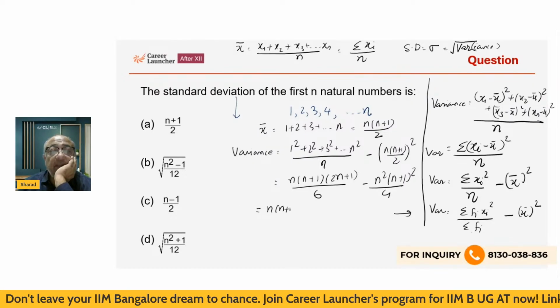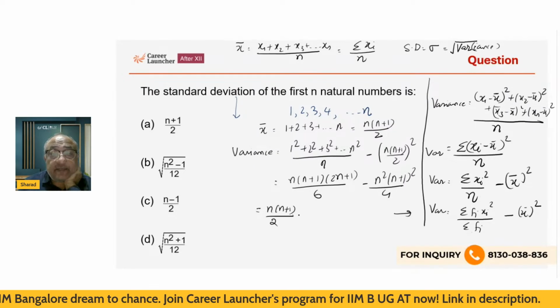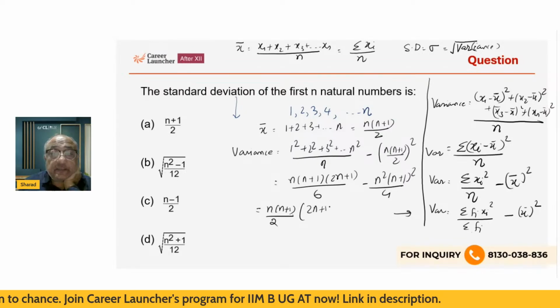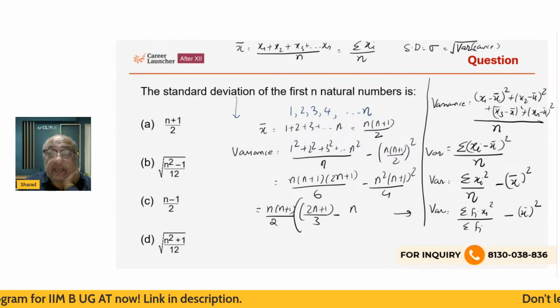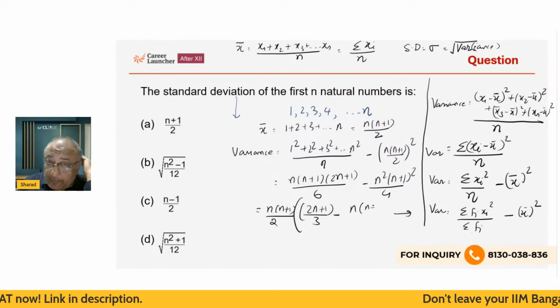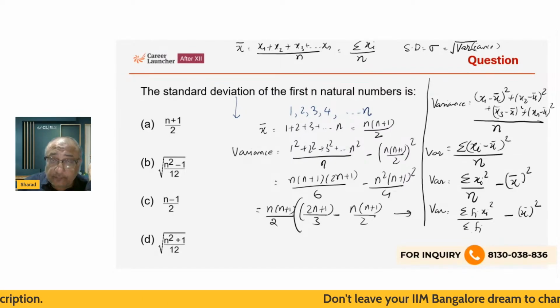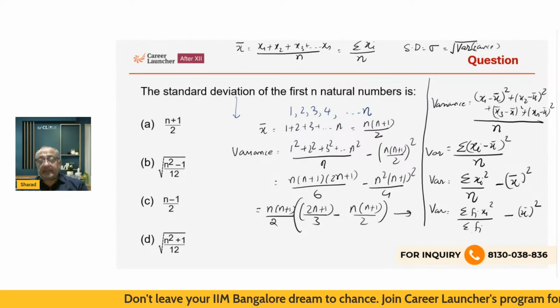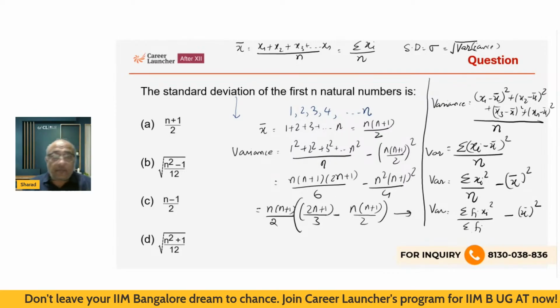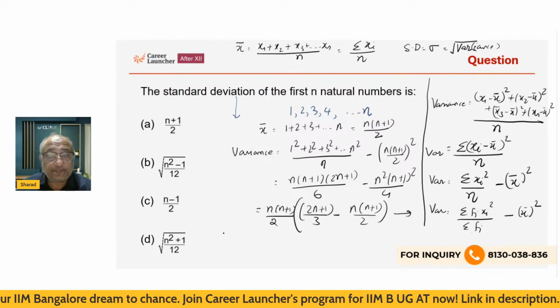I'll help you. n into n plus 1 by 2 into 2n plus 1 by 3 bracket minus n into n plus 1 by 2. Write it like this. Sorry, yeah, correct. Understood? Now we have to solve it and find my answer.